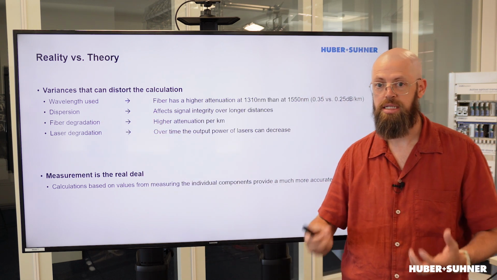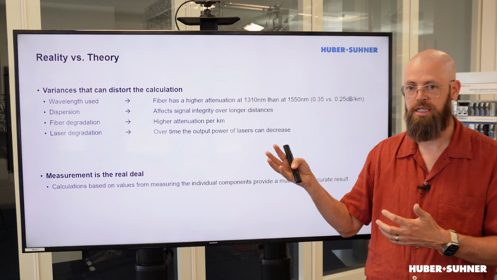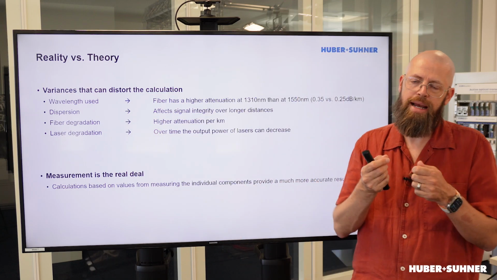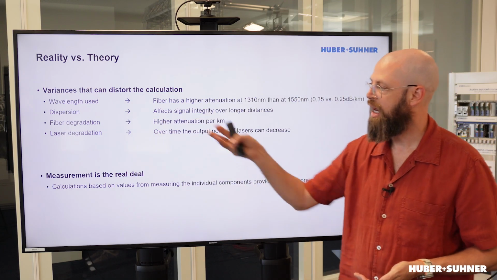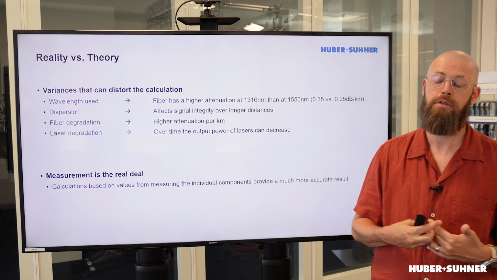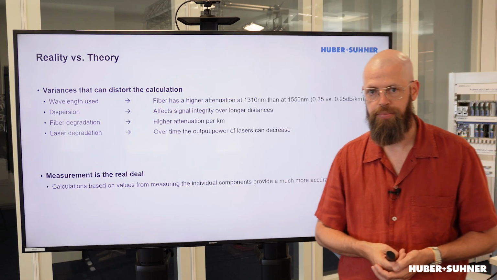For longer distances, dispersion can affect the signal integrity. Then we've also got fiber degradation, so macro and micro bending of the fiber, and laser degradation, meaning that the output power of the transceiver can decrease over the course of time.